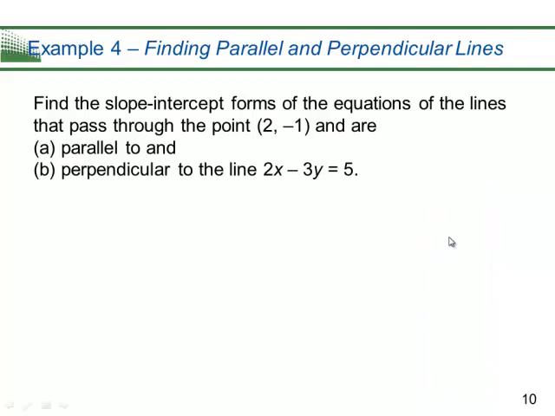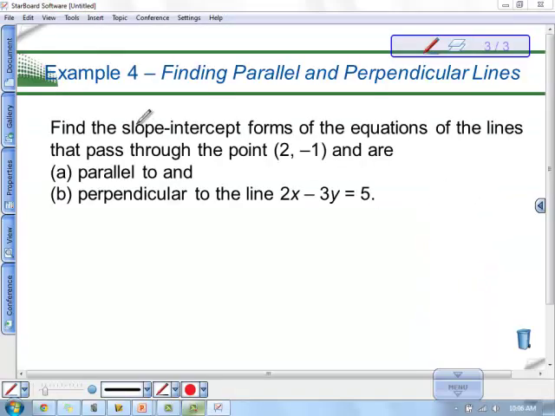All right, let's try another example then. Let's find slope-intercept forms of the equation of lines that pass through this point and are parallel to this line. For part A, I want to find out what the slope of this line is. There's different ways to do it, but when I'm trying to find the slope of a line in standard form, I like to solve for y and put it in slope-intercept form. I would subtract 2x from both sides.